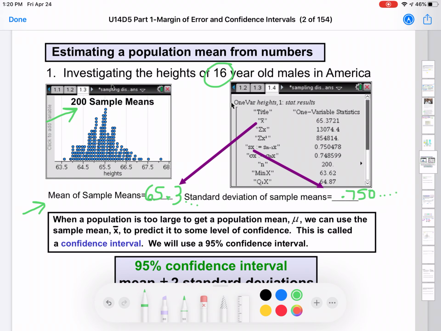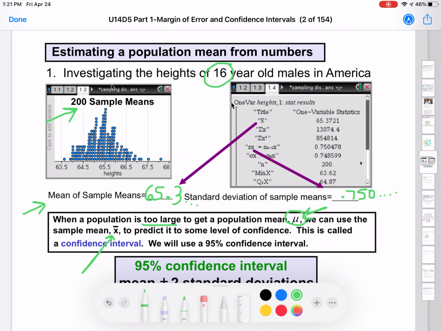All right, and it says when a population is too large, like New York State, to get a population mean, we use what's called the sample mean. And remember, I said mu they do tend to use for population, and X bar they do tend to use for sample, although our calculator only uses X bar. But when you get to higher level stats, that'll be more important. For now, it doesn't matter which one you use.